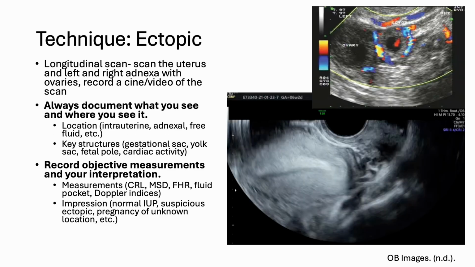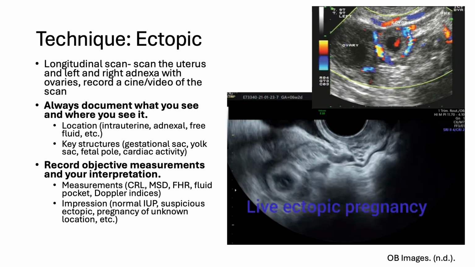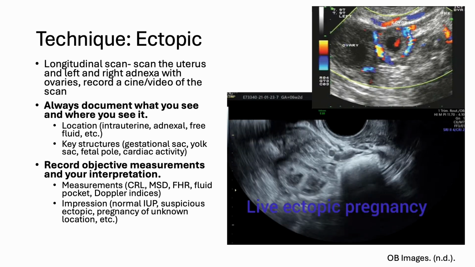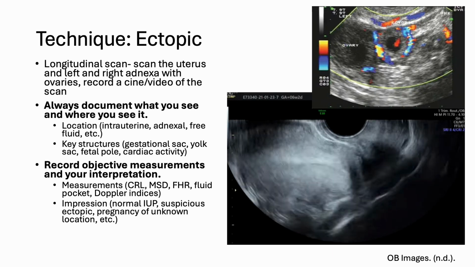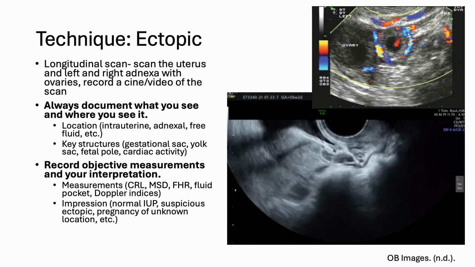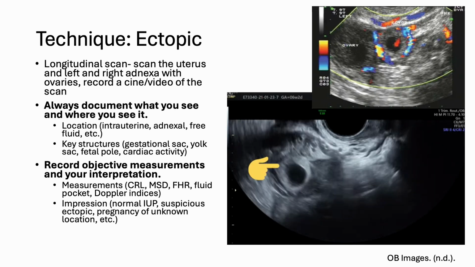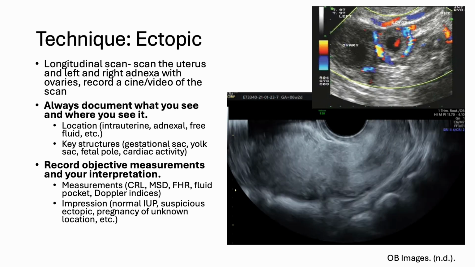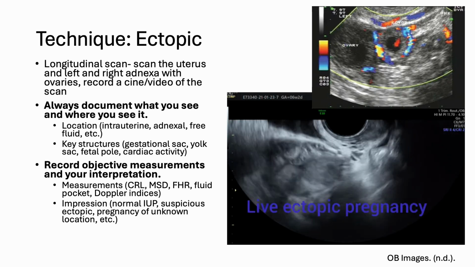So another one that we want to talk about is an ectopic. Let's see if we can watch the video. In the video, you can see it is a cine, so it's using a longitudinal scan, scrolling through the uterus over to the ovary, and it identifies an adnexal mass with something in there.